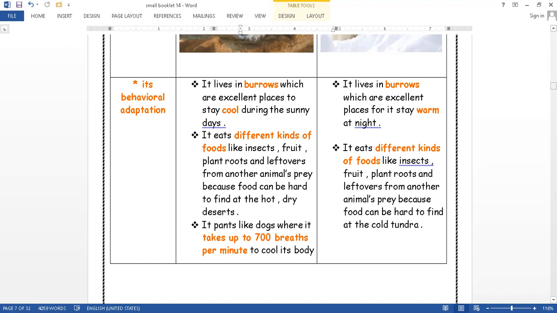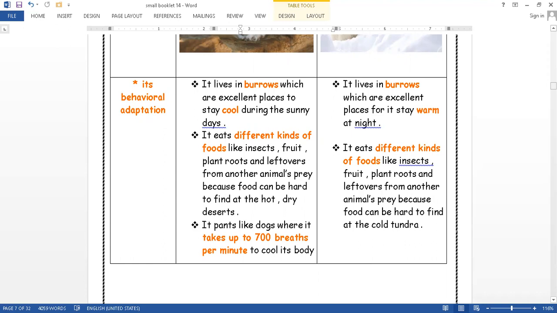Both of them live in dry desert, as you see. So both of them, unfortunately, don't have a variety of food. And variety here means different types or different kinds of food. So they had to eat anything that they found. Like what? Like insects, like fruits, like plant roots, and even the leftovers from another animal's prey. Why?